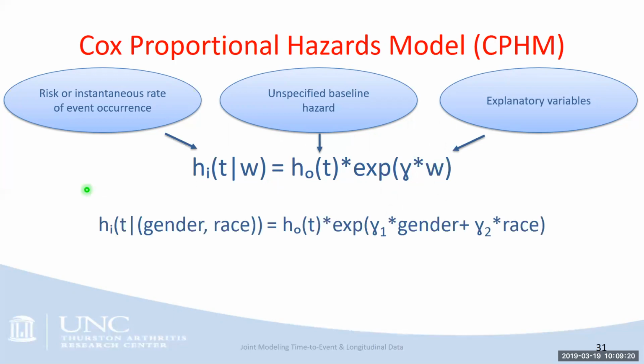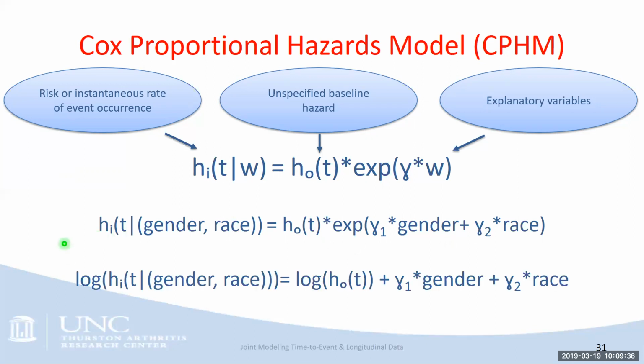Let's think of a very simple thing. Let's say our risk of some sort of event, this could be NEOA, we are modeling dependent on gender and race, and we would write out the hazard function this way. And if we take the logarithm of both sides, this is useful because now we can see that we have this change in log hazard as an incremental change in the log scale.